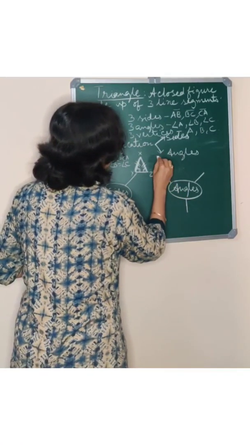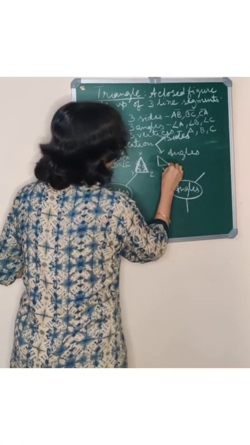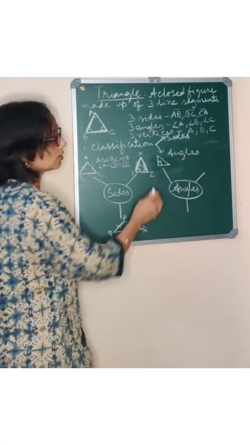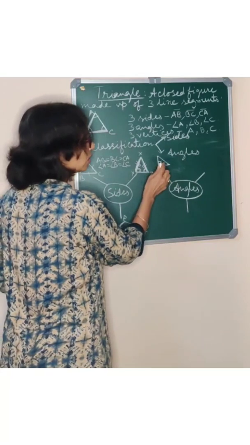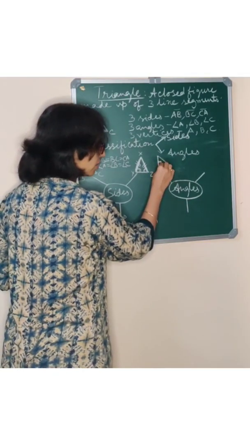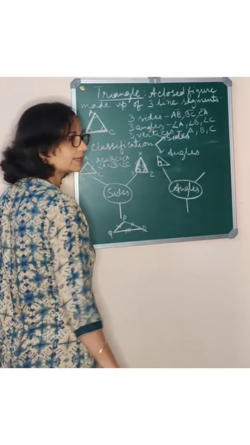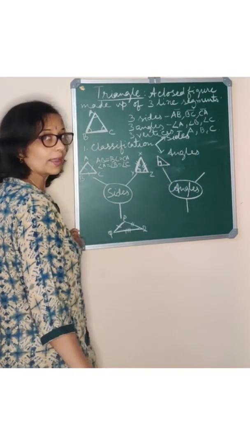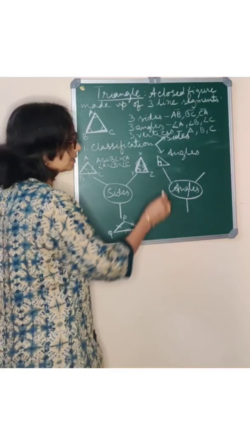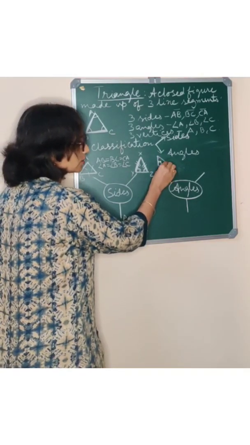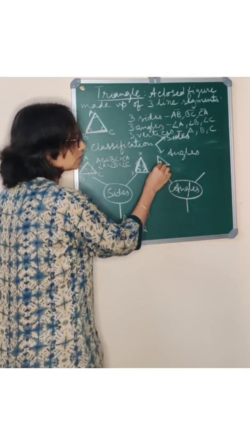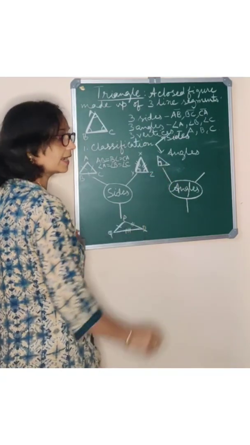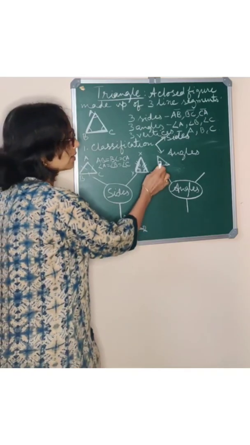It is a triangle which has at least one right angle, that is 90 degrees. The other two angles are each less than 90 degrees, and together they make 90 degrees. So one angle has to be a right angle, a 90 degree angle.